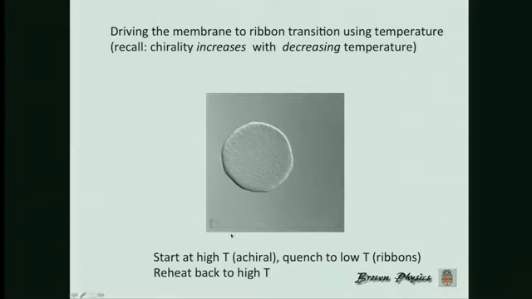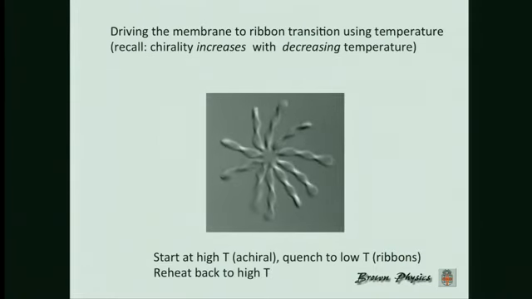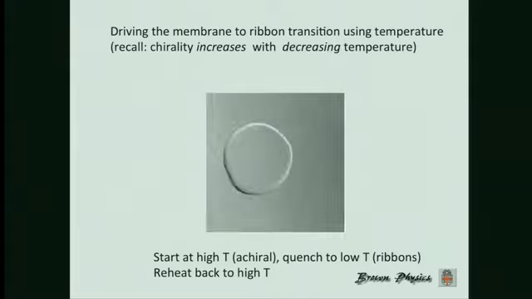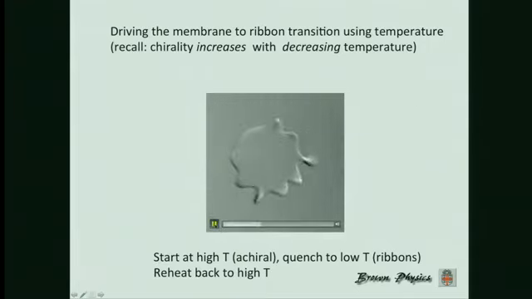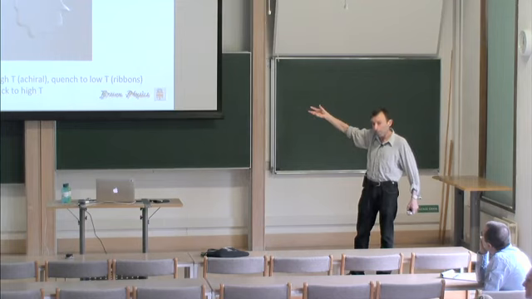So let me just show you this one more time now that I've said the words. They're quenching it, you form the ribbons, and then you can reverse it. One thing I should show you again before moving on to the theory is, let me stop it right even here, or even back a little bit. The thing you want to notice is that as these ribbons are beginning to form, we've entered a state where the disk has this rippled structure.